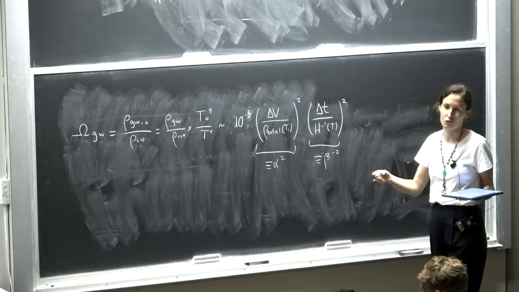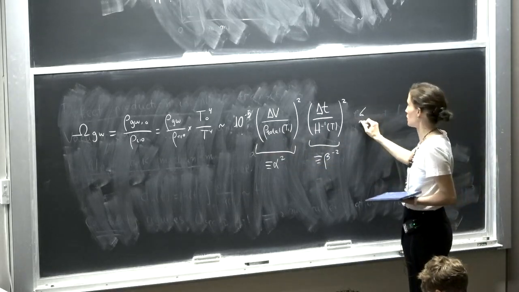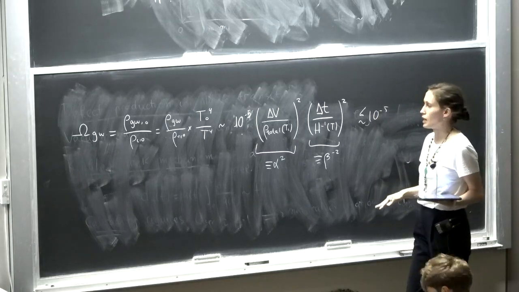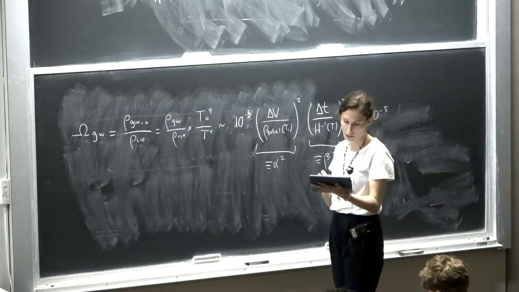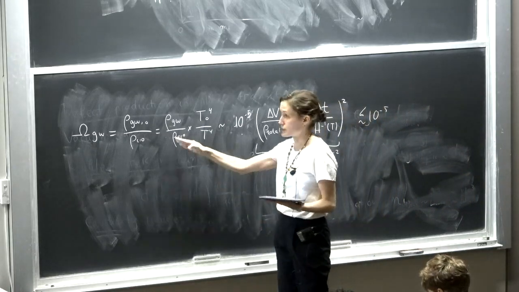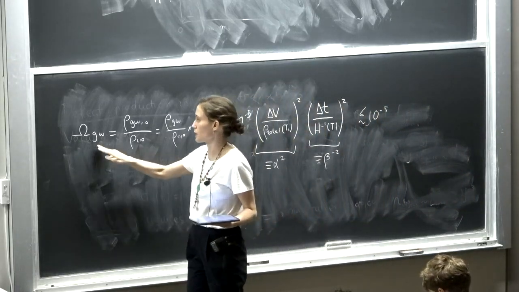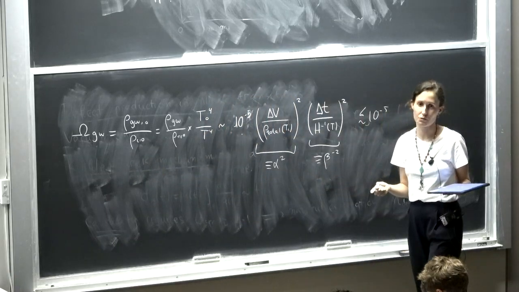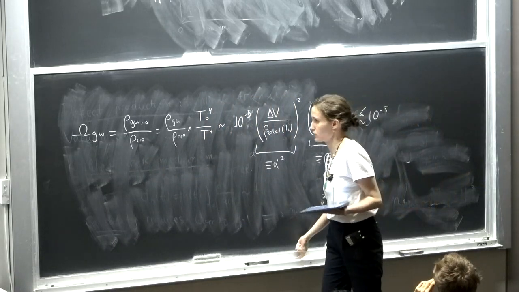So any additional contribution to our energy density has to be not bigger than 10 to the minus 5. LISA will be sensitive to stochastic backgrounds of gravitational waves all the way down to 10 to the minus 12 for the relevant range of frequencies.